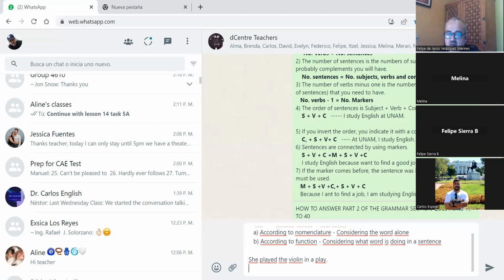So play according to nomenclature in a general dictionary is a verb. But in this sentence, according to function, the first play is a verb, and this play is a noun.